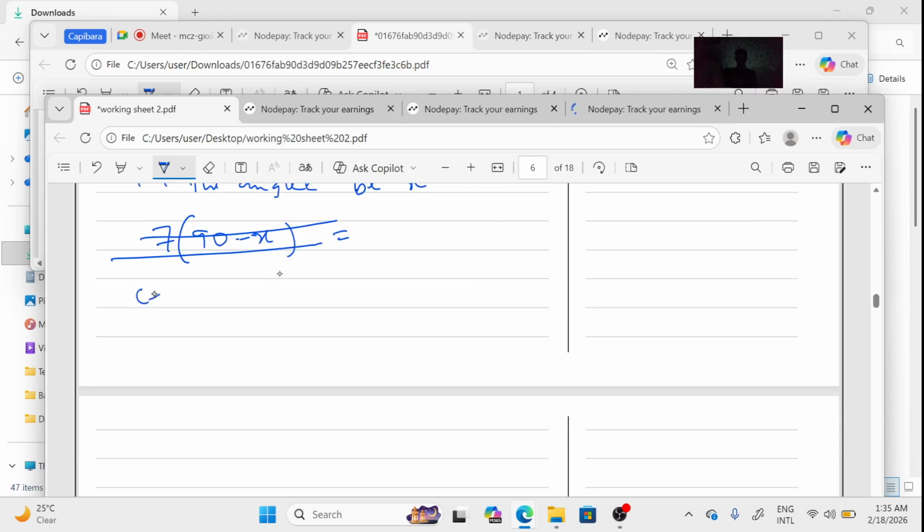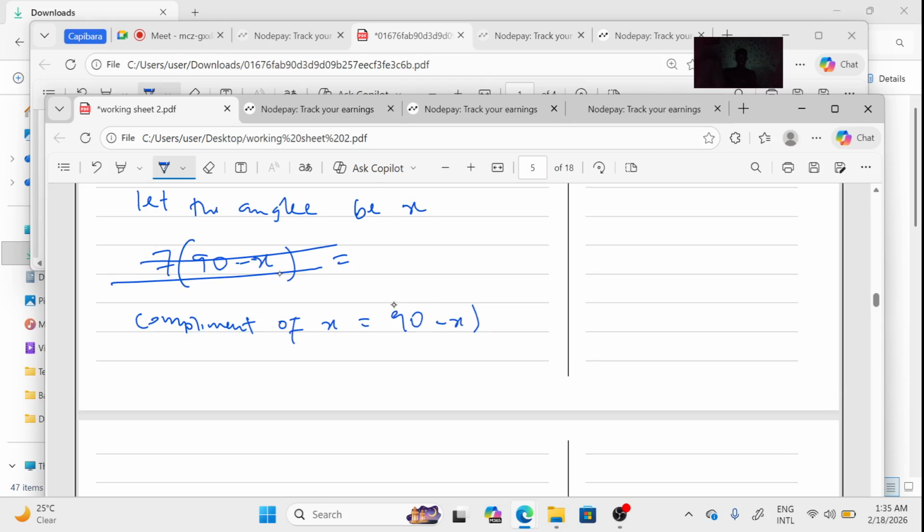So the complement of x is equal to 90 minus x, and the supplement of x is equal to 180 minus x.